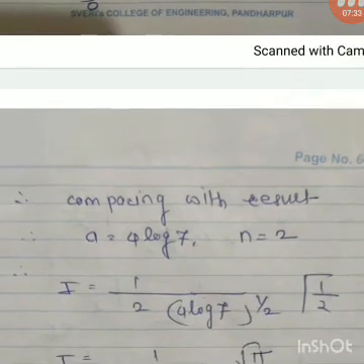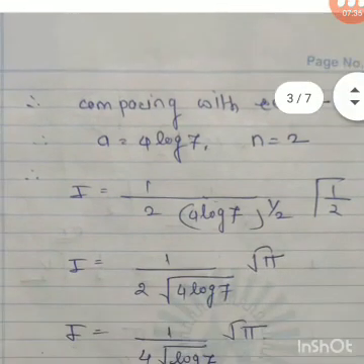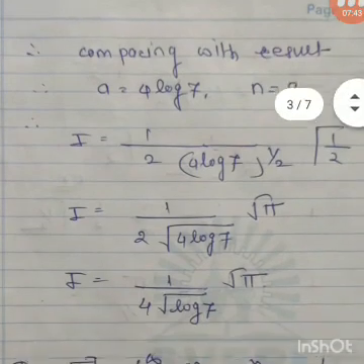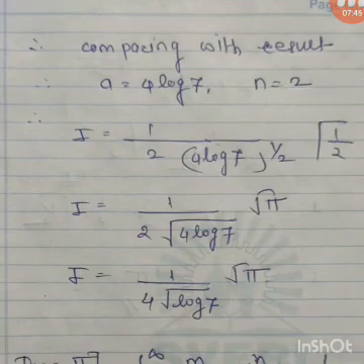Next, I is equal to 2 into 1 upon 2, 4 log 7 raised to half, that is a raised to 1 upon n, gamma of 1 upon n, root pi. That is 1 upon 2, 4 log 7, and we can take the square root of 4 outside the root, it becomes 2, already 2 is there, so 2 into 2 is 4 under root log 7 root pi is the value.